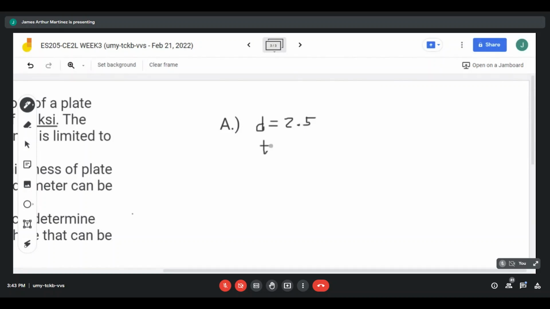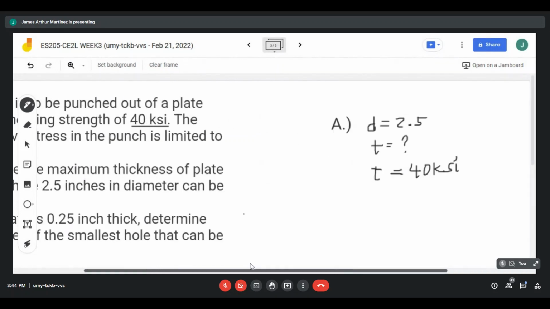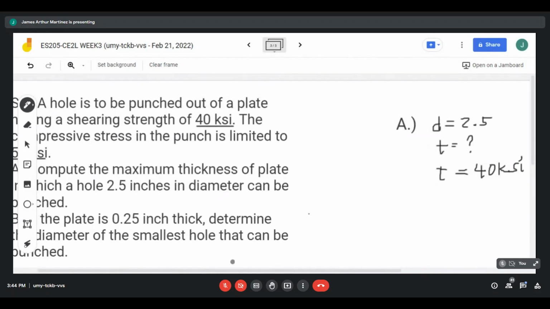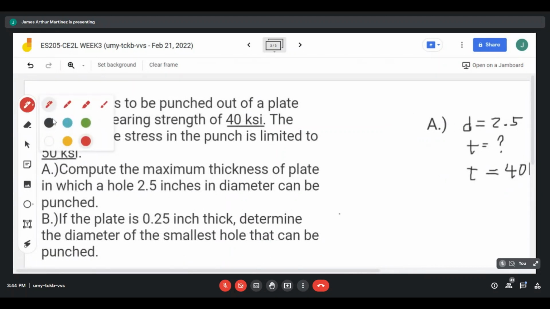The thickness is unknown, which is what we are looking for in problem A. We are also given the shearing strength, 40 KSI, and a compressive stress that is limited to 50 KSI.